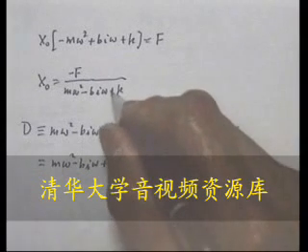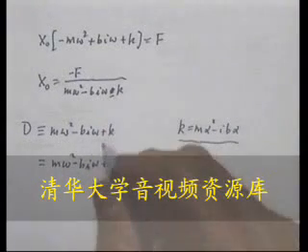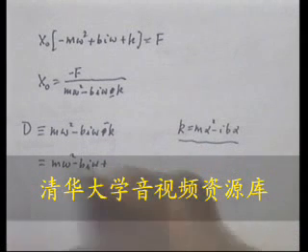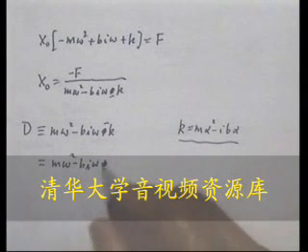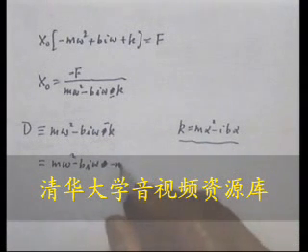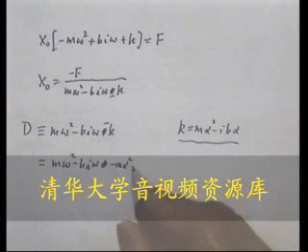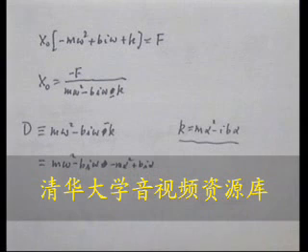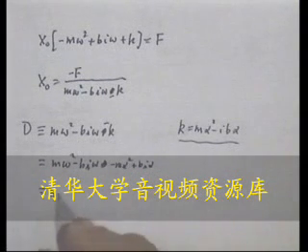Yeah. Minus m omega squared plus m alpha squared minus i b alpha, plus b i omega.